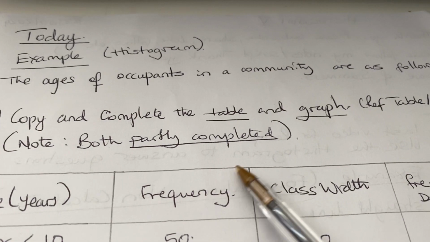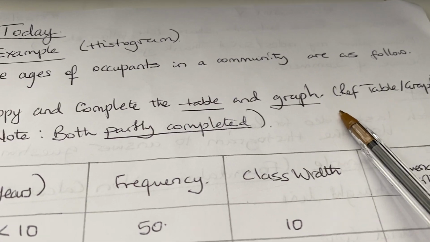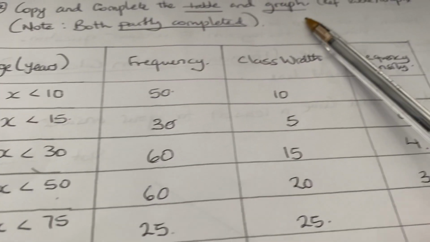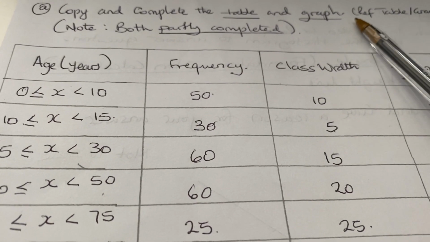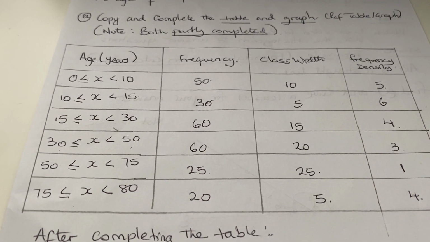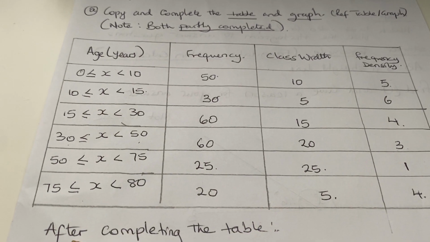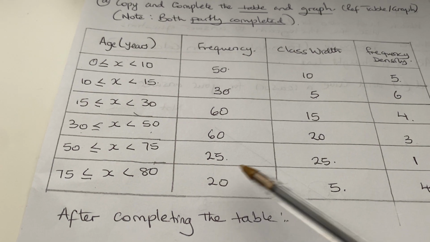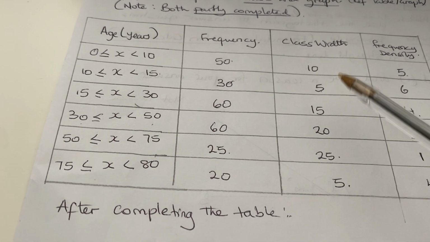Now they say copy and complete the table and graph. What they did in this example, I've done the table and I use the table to do the graph. This is the table here. What they did was they gave you the ages, they gave you some of the frequency, and then they gave you some frequency density.